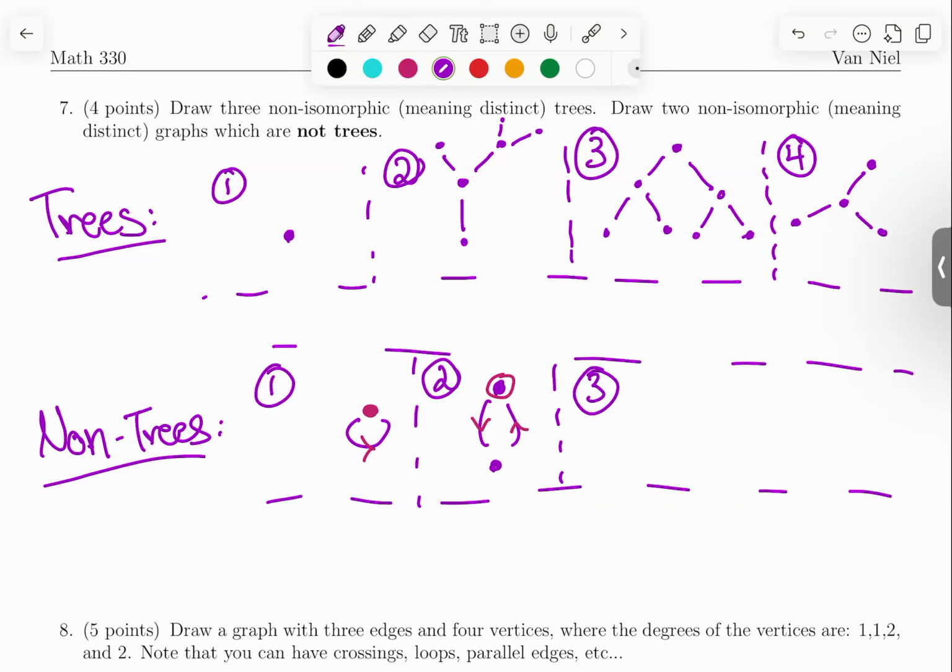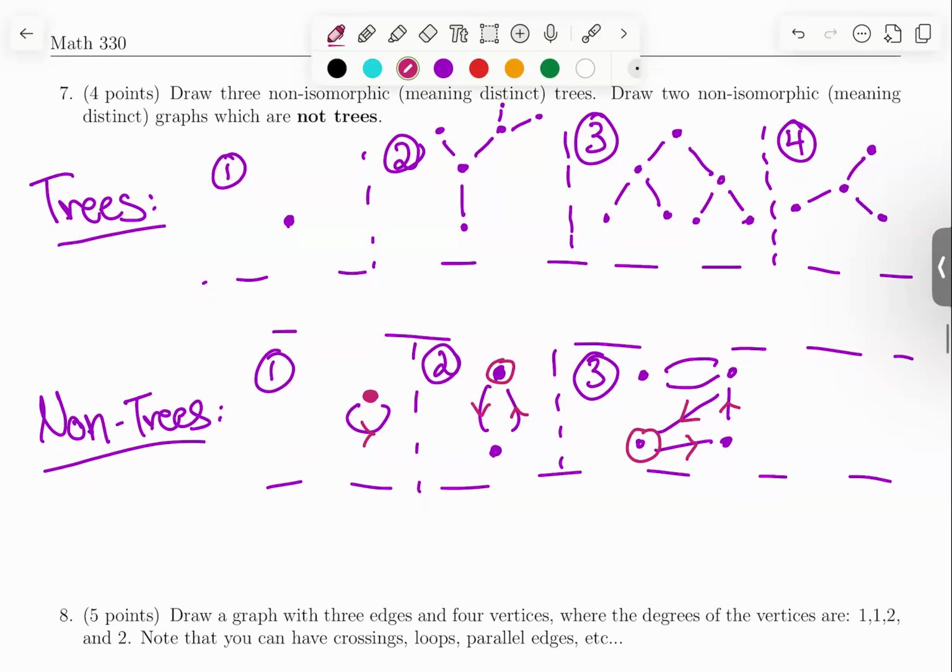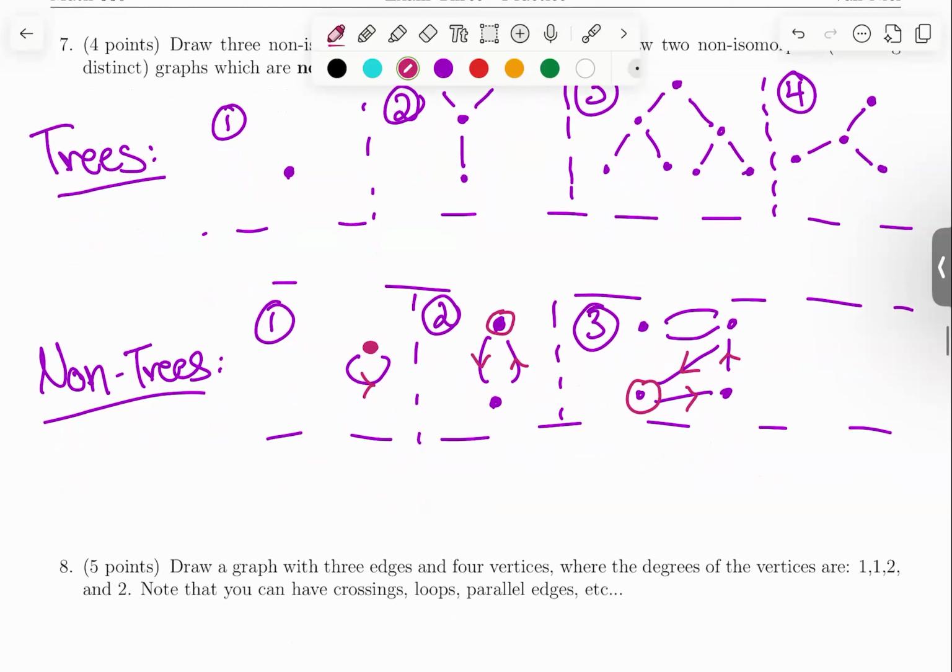What else could you have? You could have something more complex. Maybe something like that. How about that? Maybe you start here, you go here, up and down. But that's not the only cycle that's in that. There's other cycles as well. But yeah, so you just don't want anything that has a cycle in it. Something that you can trace around.